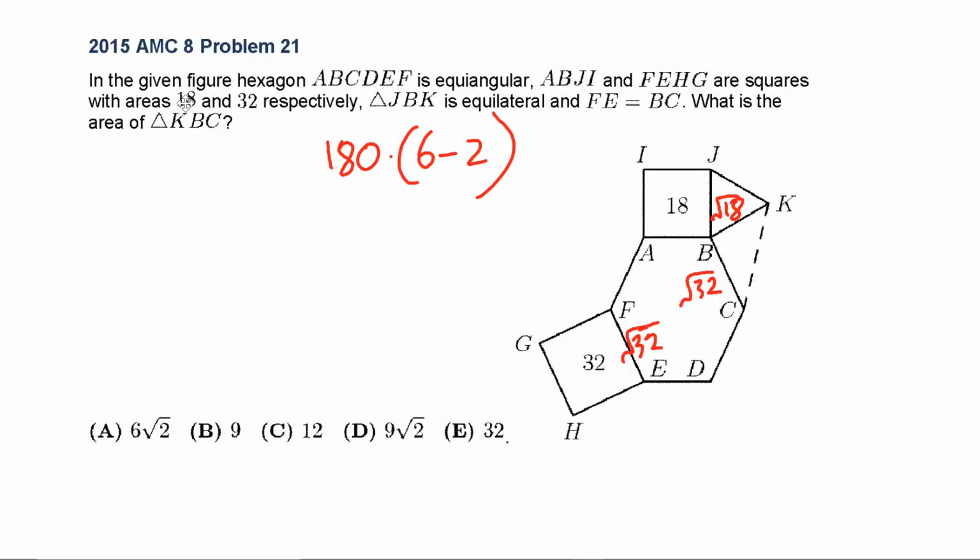Essentially there's a formula that says that the sum of the angles in a polygon with n sides is 180 times n minus 2.